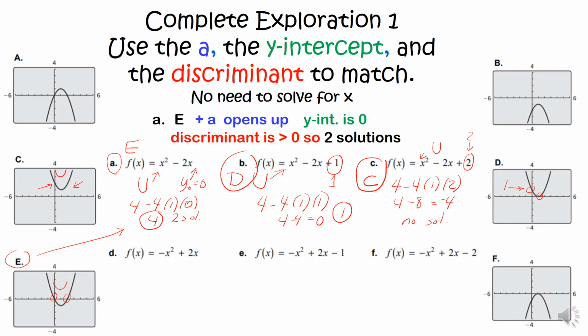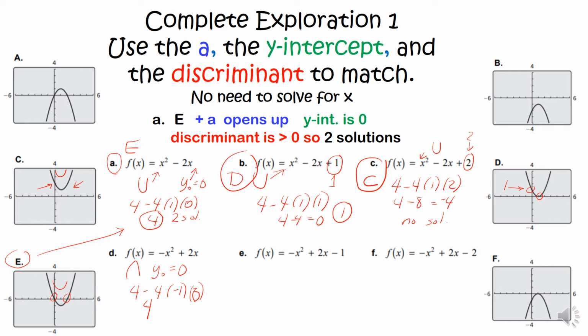All right, let's look at D. D has a sad face graph. We don't want that, it looks like an A, so let's erase that. So it's a sad face graph, and the y-intercept is 0. And now we're going to do our discriminant, so it's 4 minus 4 times a, which is negative 1, times 0, sorry, and so that's going to again be 4.